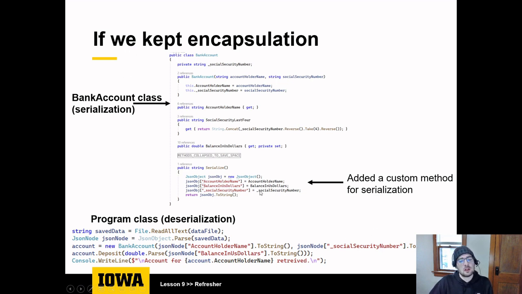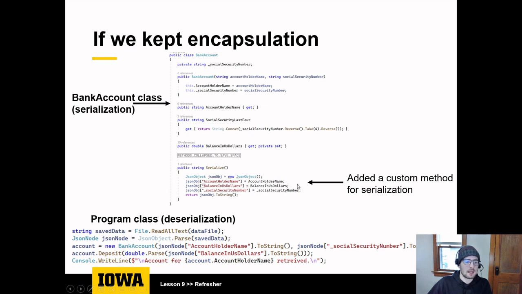When you serialize, you have to add this method on your bank account class, and this method has to build a JSON object that creates these key value pairs, right? It kind of works like a Python dictionary, if you want to think about it like that. You create these key value pairs with the name of your data and the value you want to store with it, and then you return the result of that.